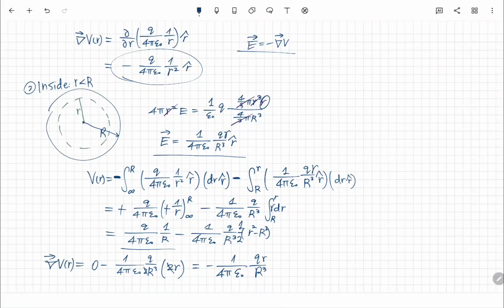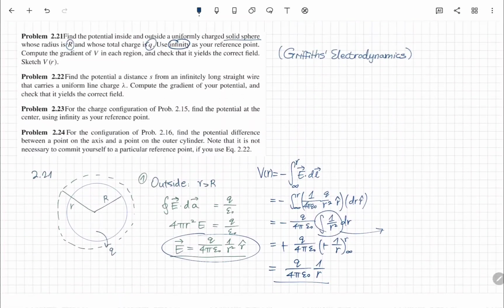Right, and this corresponds perfectly to our electric field in this case. So we're done for problem 2.21.